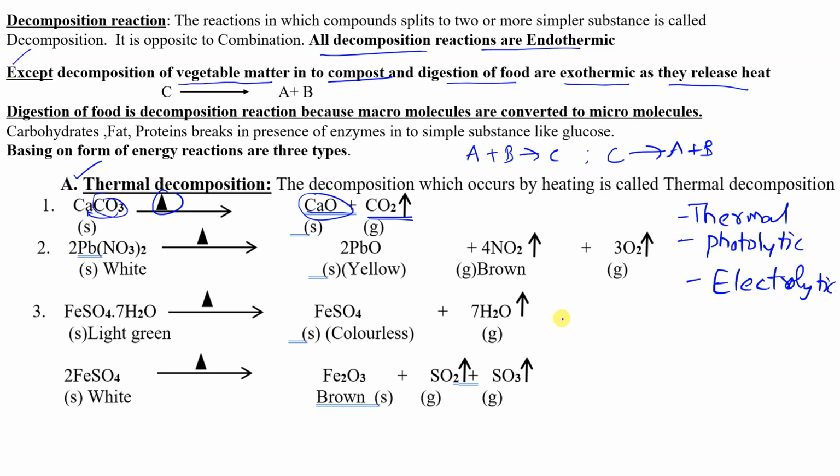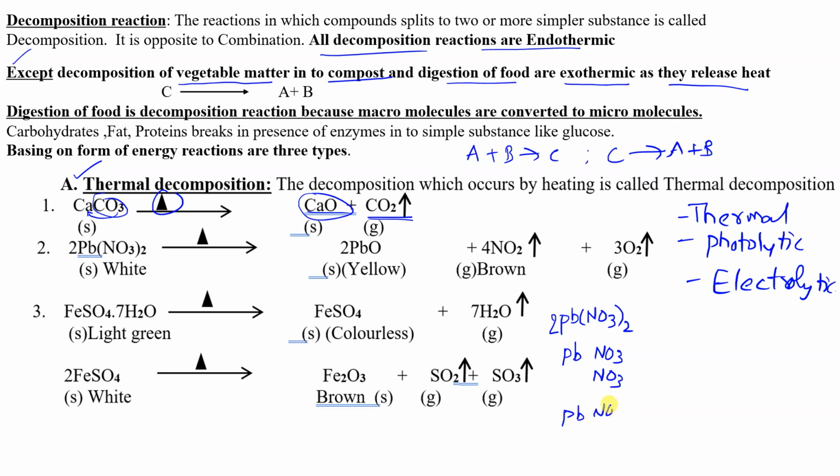How lead nitrate is decomposed, we can remember like this. Remember, we have to take two molecules. I am telling a shortcut to remember; it's not originally how it breaks.